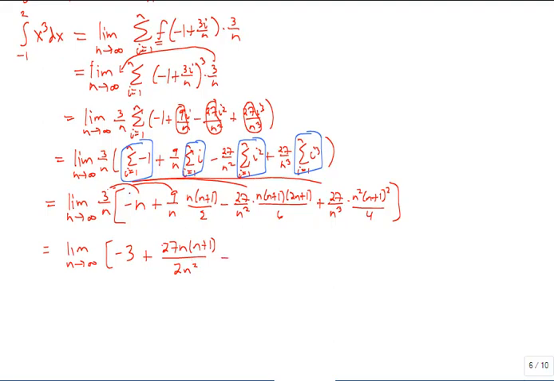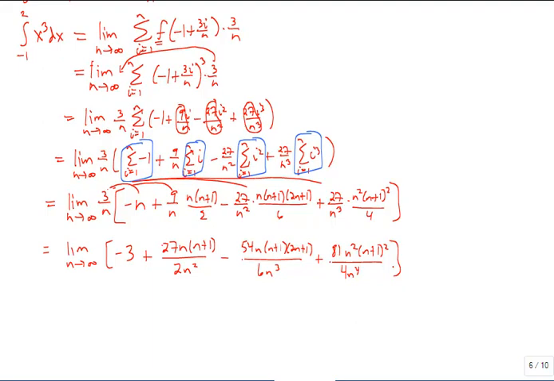Then 3 times 27 is 54. And I have an n plus 1, and a 2n plus 1 all over an n times an n squared times a 6 is a 6n cubed. And then 3 times 27, that's going to be 81 n squared, n plus 1 squared over n times n cubed, which is going to give me a 4n to the 4th.